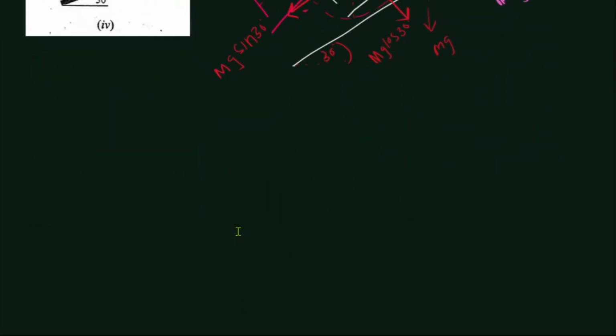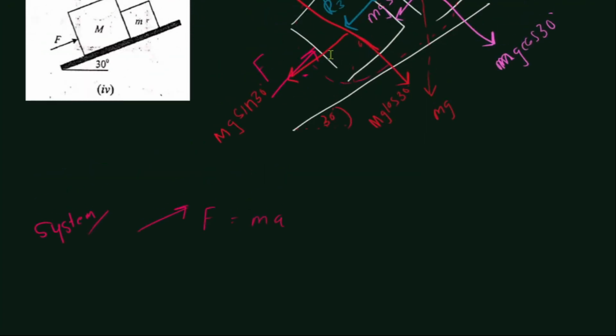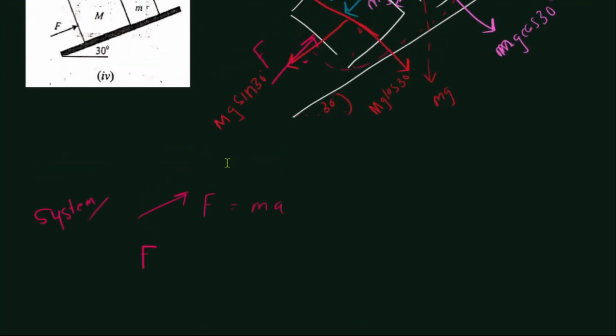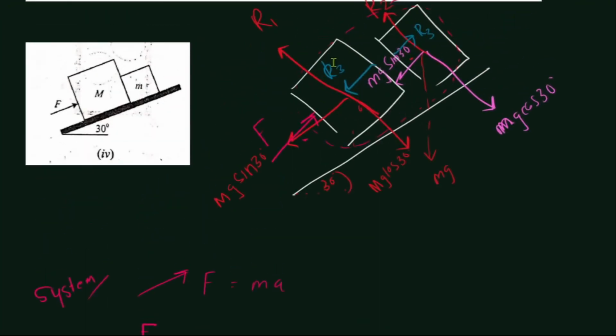So what we could do is, by considering the system, apply F equals ma in the upward direction. What is the upward force? Capital F, right? Is there any other upward force? This R and this R cancel out, because when we consider the system, these two forces get cancelled out, right?